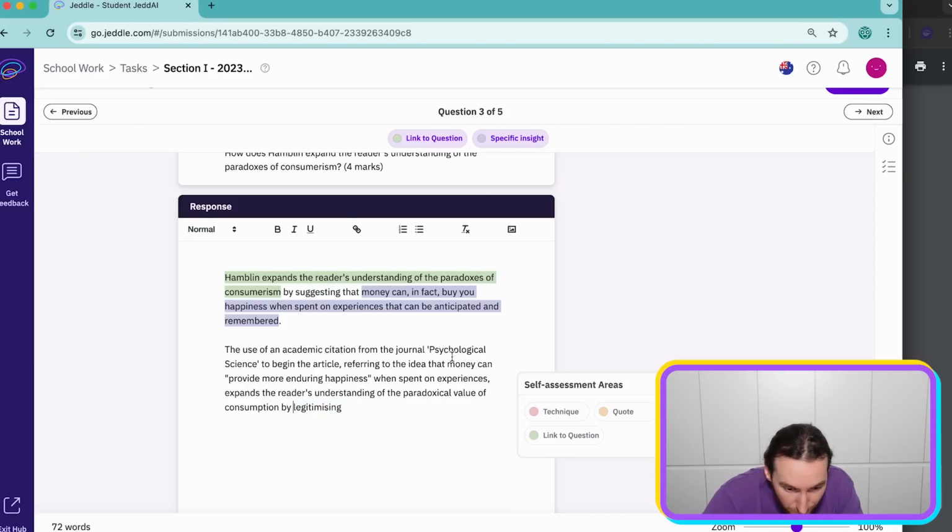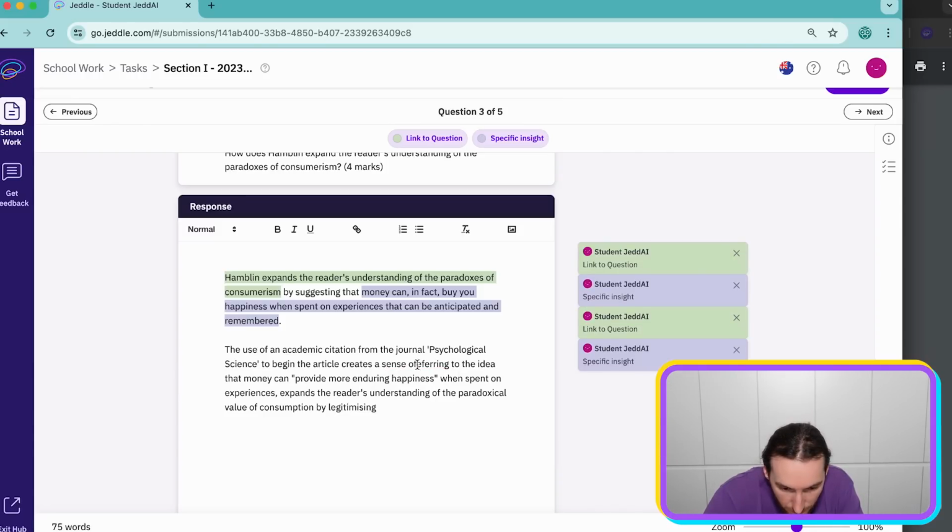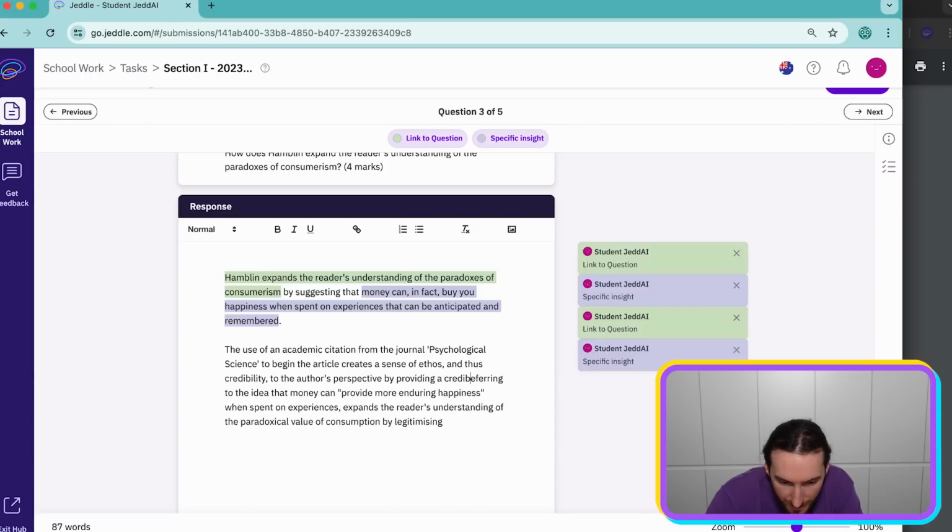The use of an academic citation from the journal Psychological Science to begin the article creates a sense of ethos, and thus credibility to the author's perspective by providing... or we should say, by, again, still overcomplicated.